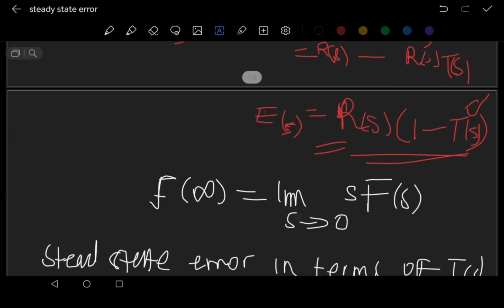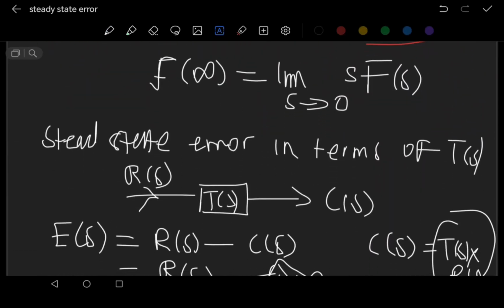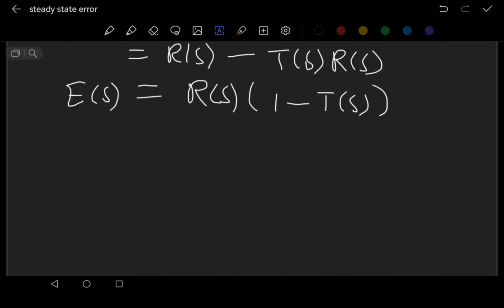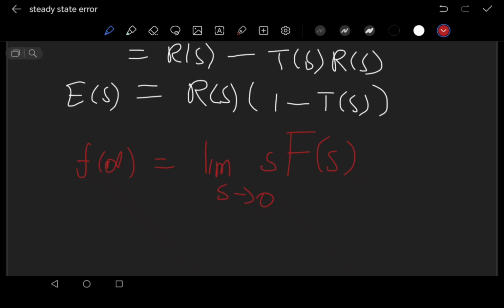But remember, I spoke about the final value theorem, so now we are going to substitute this there. Remember that f(∞) equals the limit as s approaches 0 of s F(s), the Laplace transform. So when we are dealing with steady state error, we will have e(∞) equals the limit as s approaches 0 of s R(s)(1 minus T(s)).